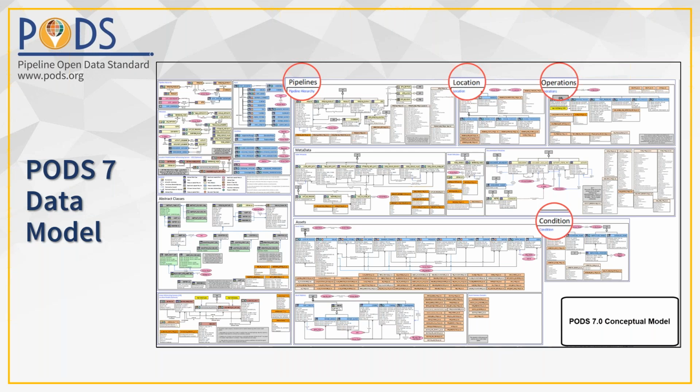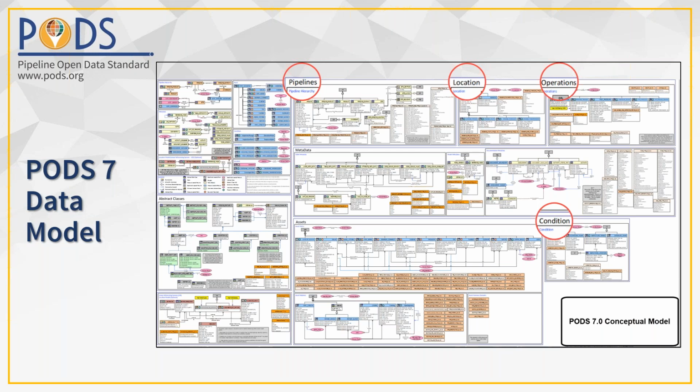You can see by looking at these slides the progress that's been made and how robust the model has become over time. Here we are at PODS 7, and this will mark the beginning of the transition for this series from talking about previous models to focusing solely on PODS 7.